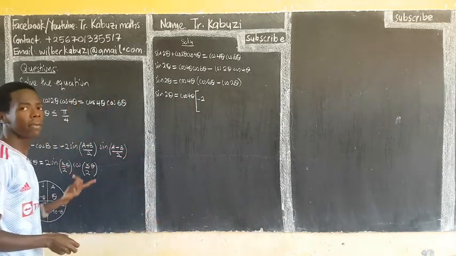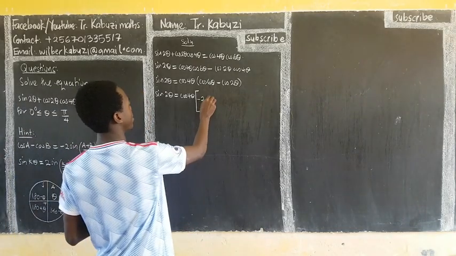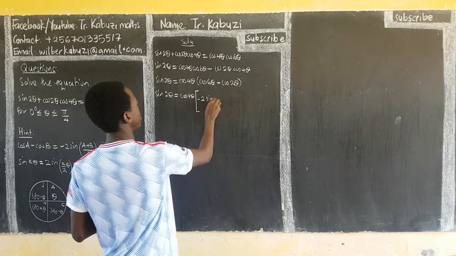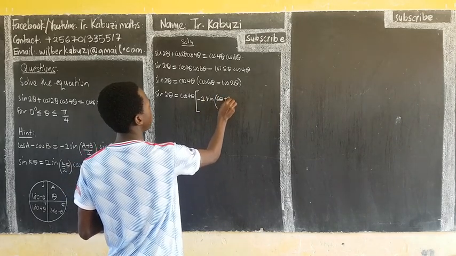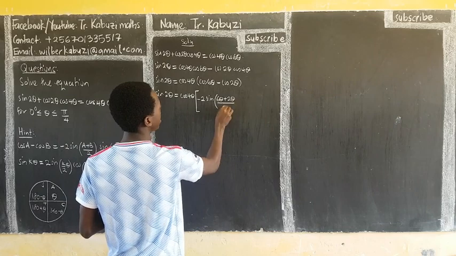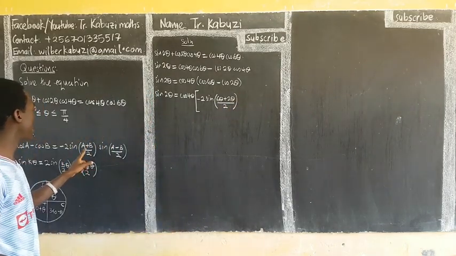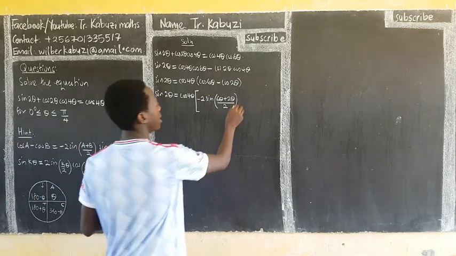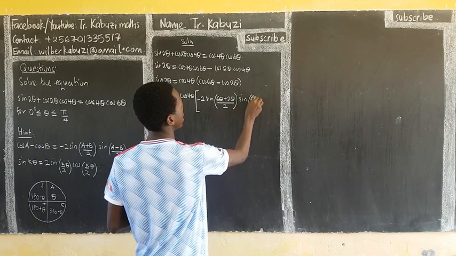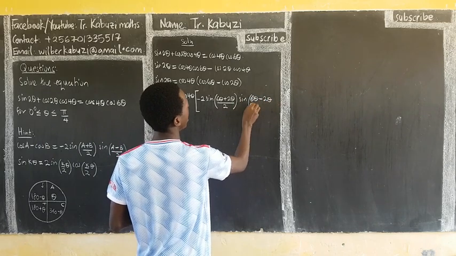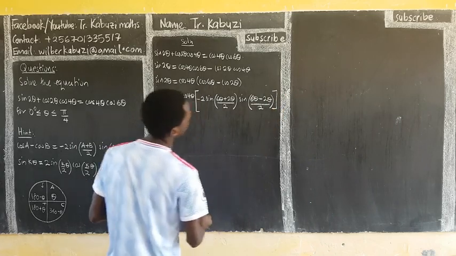We saw how we prove all these things while applying them. So this is going to be sine of this angle plus this angle, divided by 2, and then still sine of the difference of those two angles, minus 2 theta, the whole over 2.